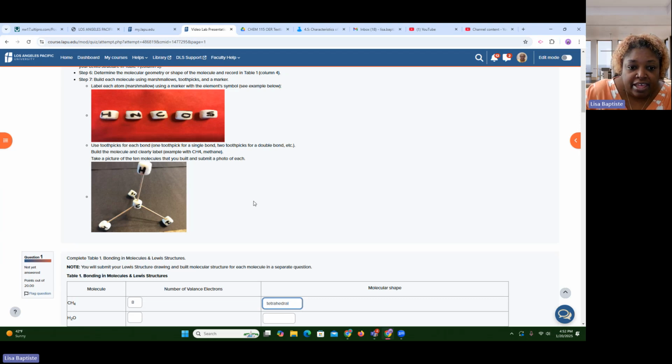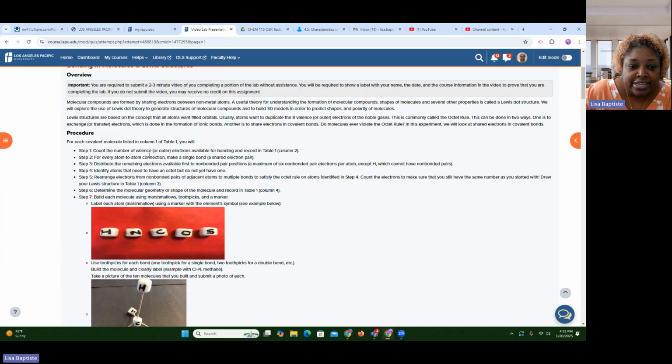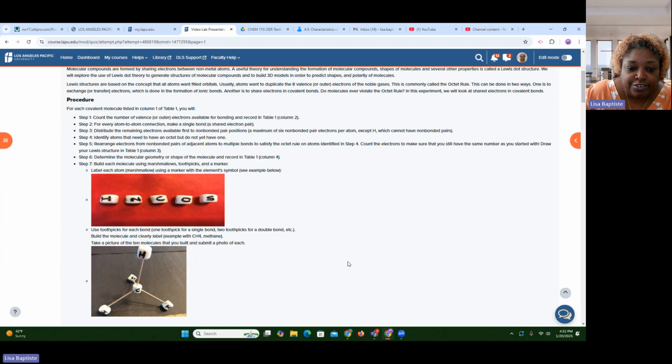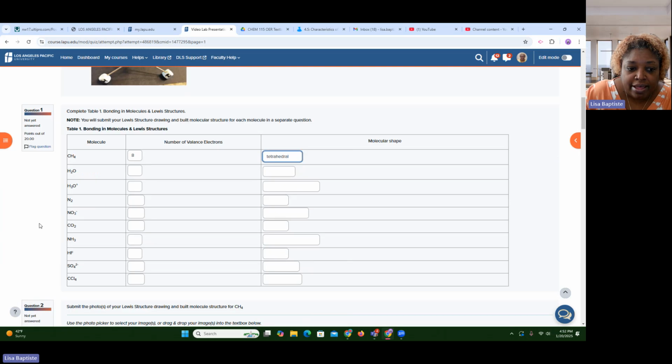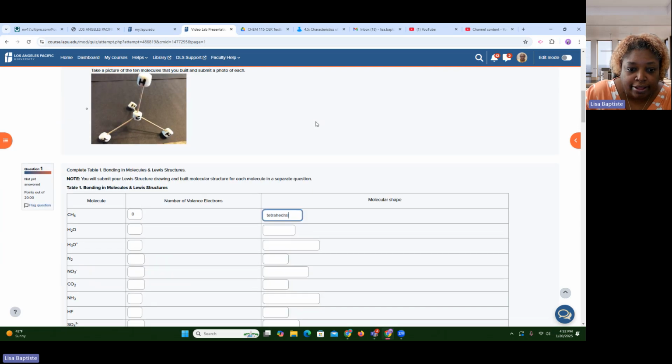This goes through and explains how we do the different structures and then determine our molecular geometry. Remember, you're going to look at your textbook, section 4.5, and that'll give you the chart that lets you know, based on the structure, what that molecular geometry is.